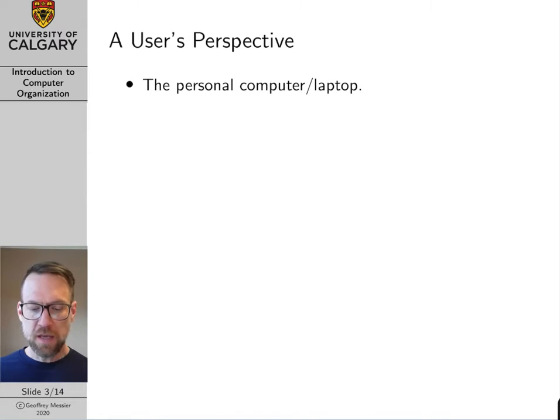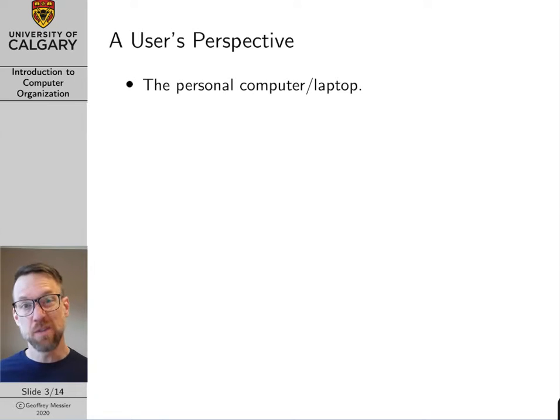So the original user perspective, at least for the masses, was the personal computer. This started to become more of a normal thing, let's say late 80s, early 90s, where people started to bring computers into their home.